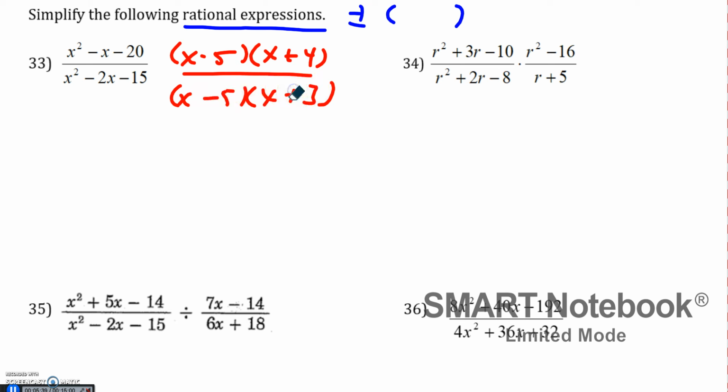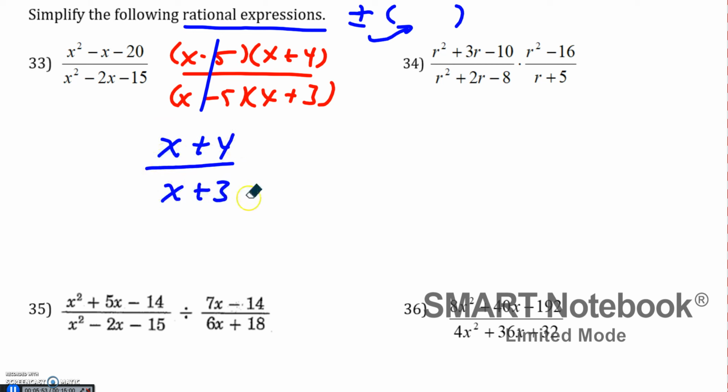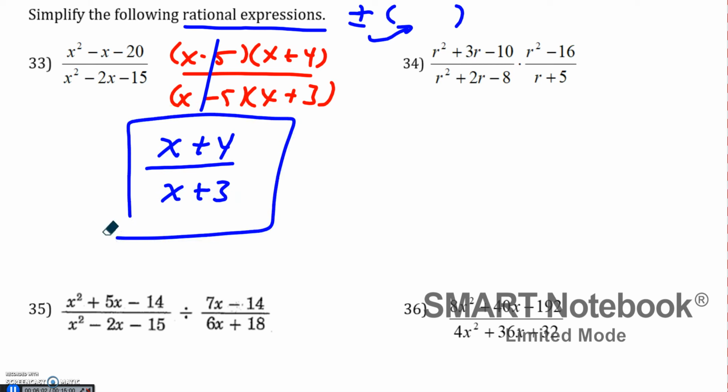Now that all the plus or minus are safely and securely in parentheses, I can cross out these matching x minus 5s, and so I'd be left with x plus 4 over x plus 3. You absolutely could keep the parentheses around it if you'd like, but because this x is attached to 4 and that x is attached to 3, I cannot cross these out, so that is my final answer.